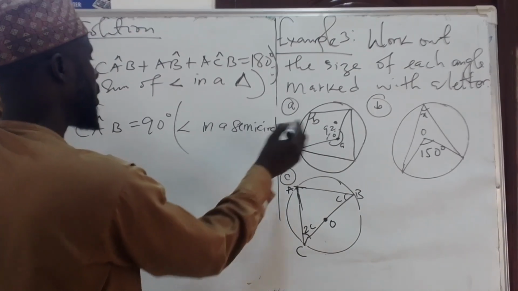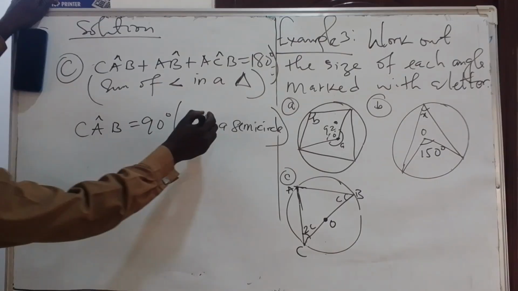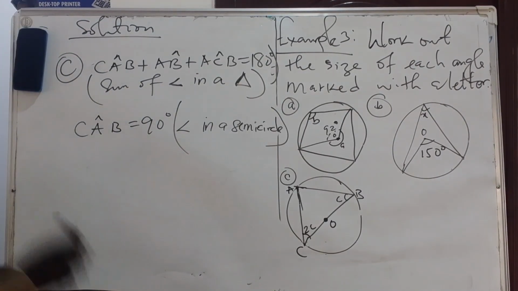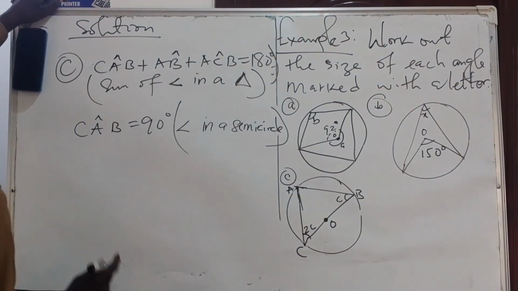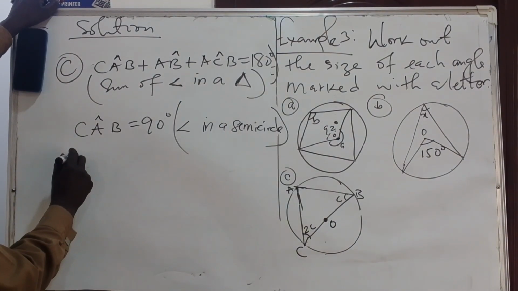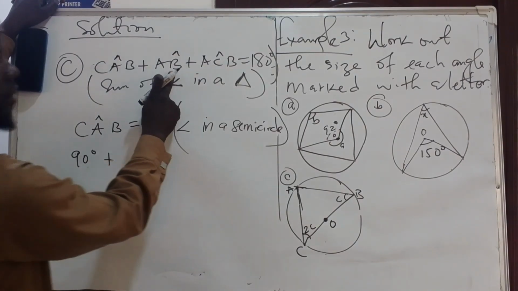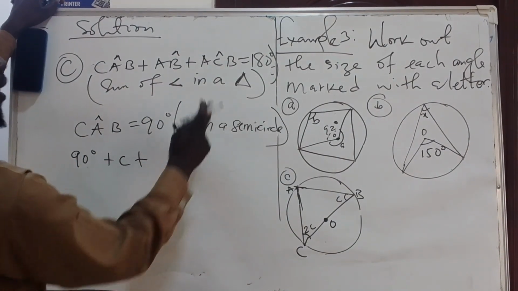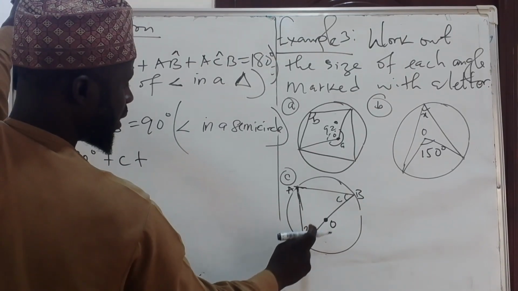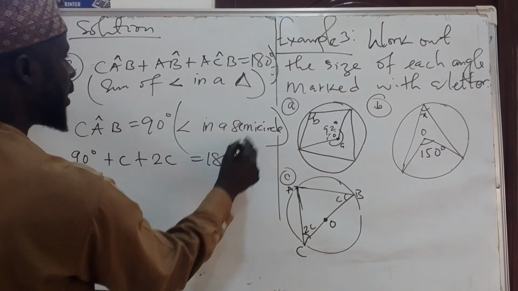Angle in a semicircle is a right angle, and therefore it is 90 degrees. So that this equation becomes 90 degrees plus this angle B, which is C, plus angle C, which here is 2C, equal to 180 degrees.